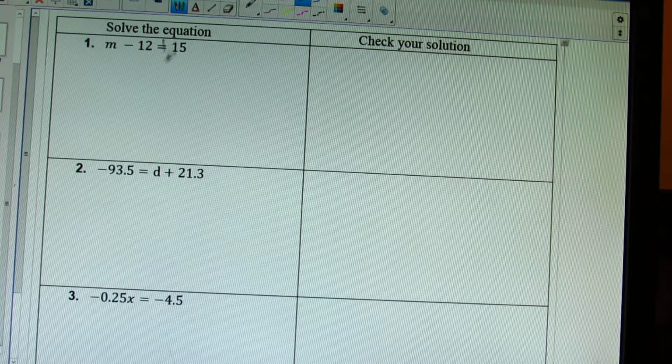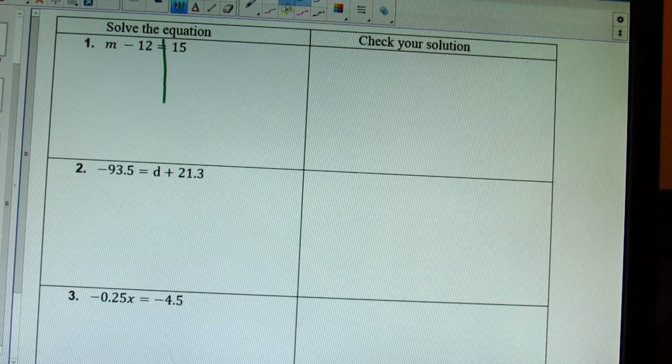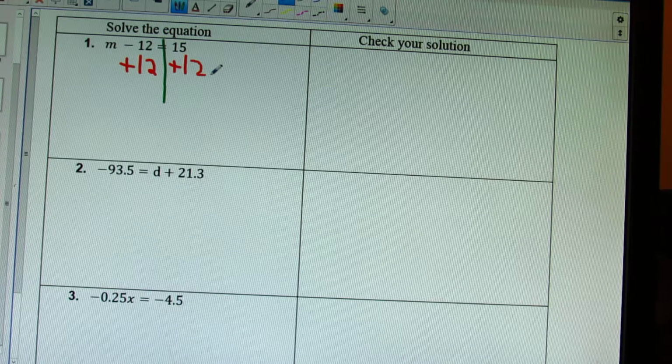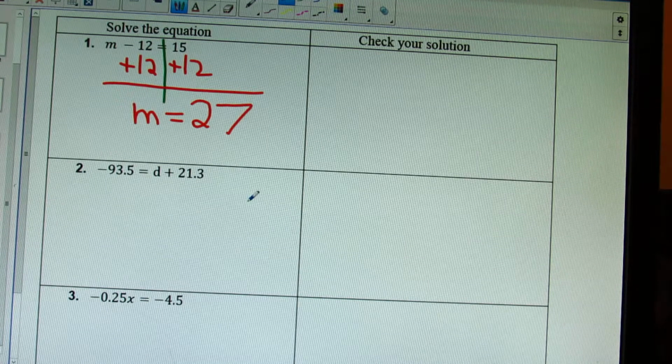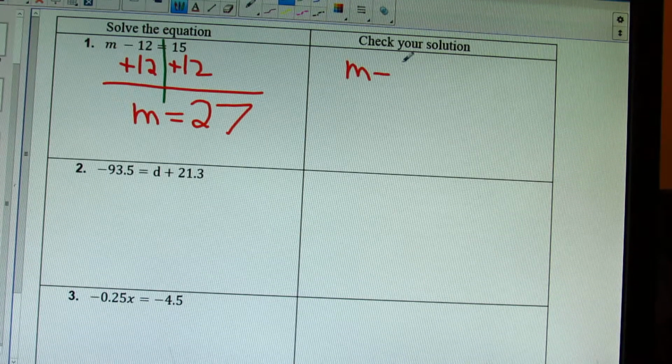Subtraction. In order to isolate my variable, I have to undo that subtraction by adding on both sides. My answer, 27. How to check? Rewrite.